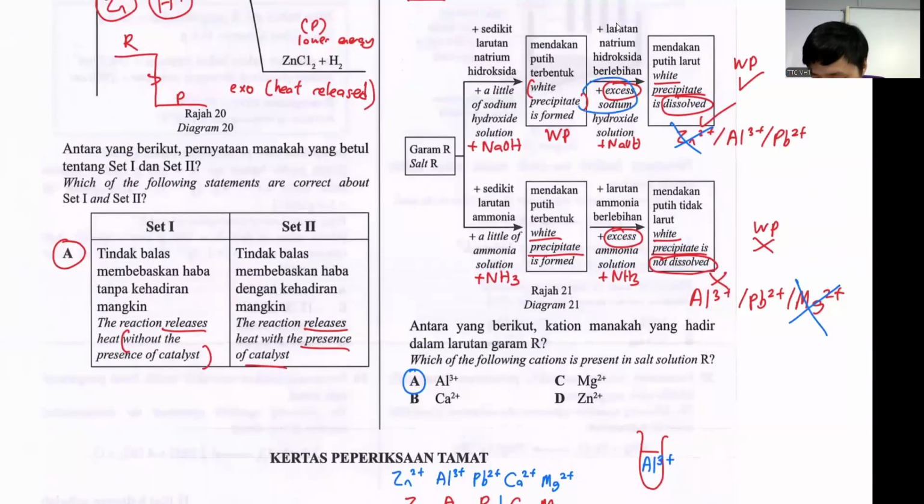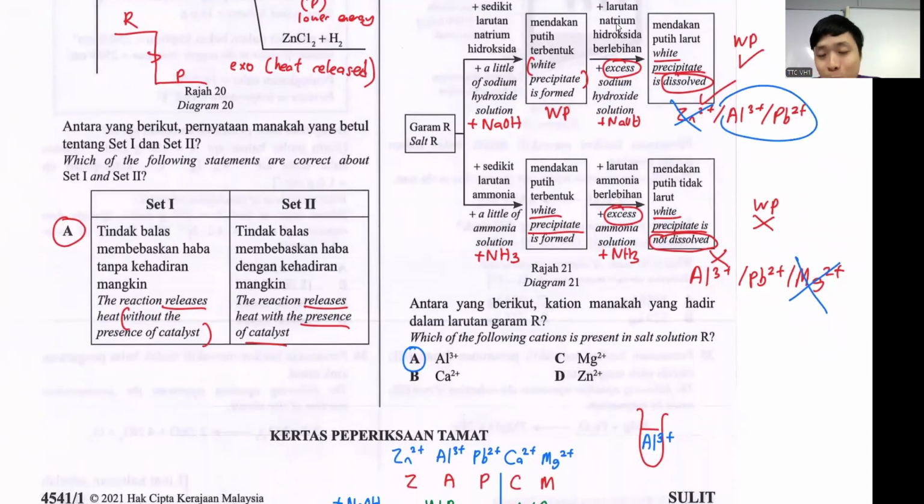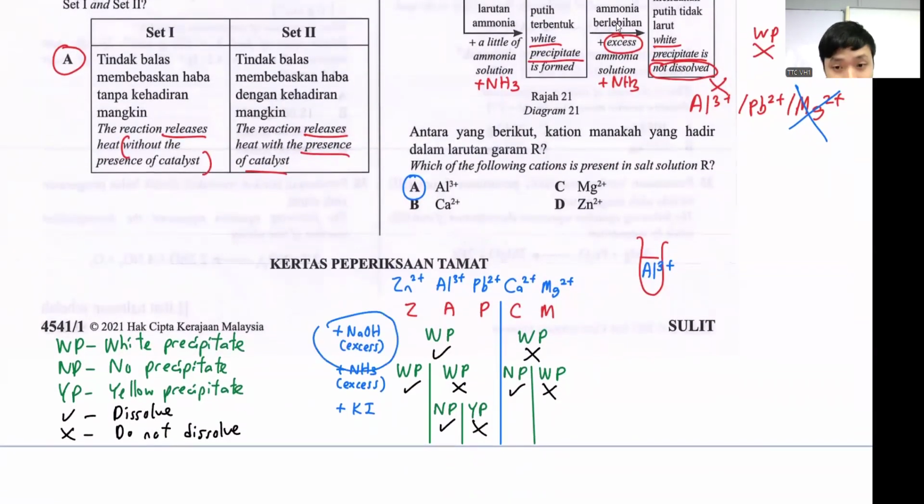If you add excess sodium hydroxide, you get white precipitate dissolved. It can be either zinc or aluminum or lead 2 ion, correct?